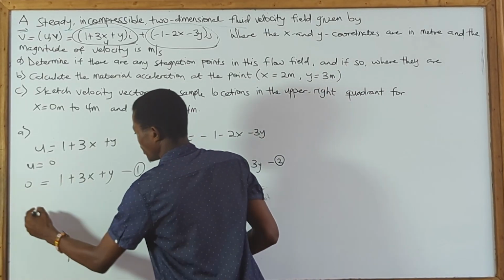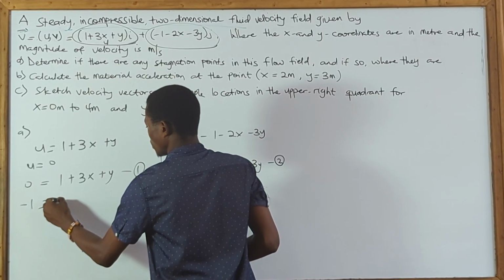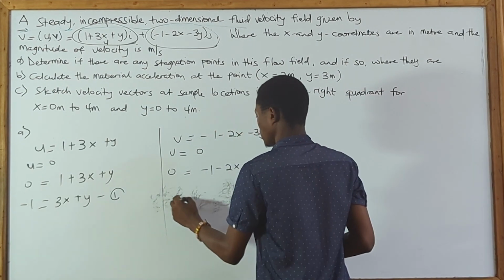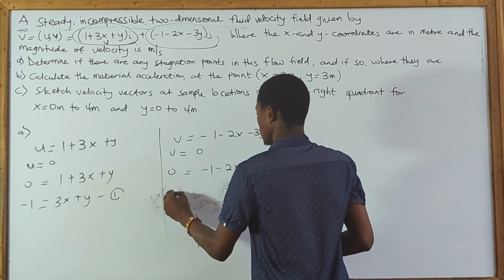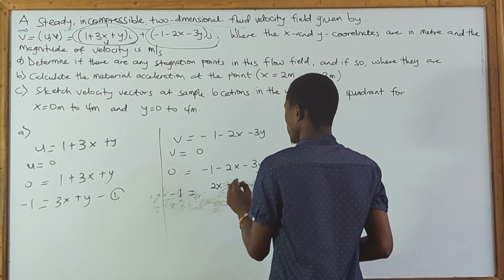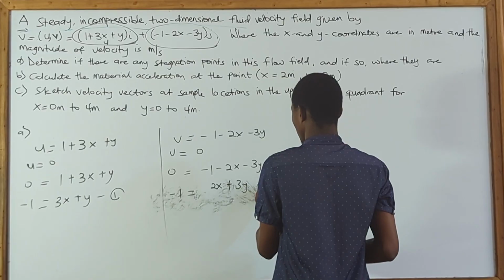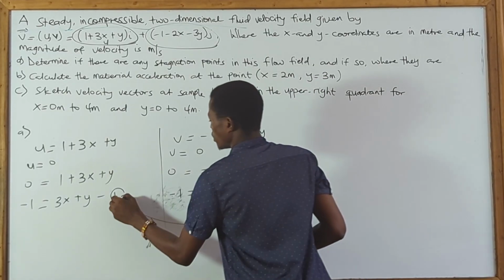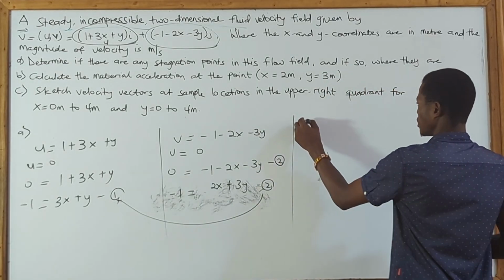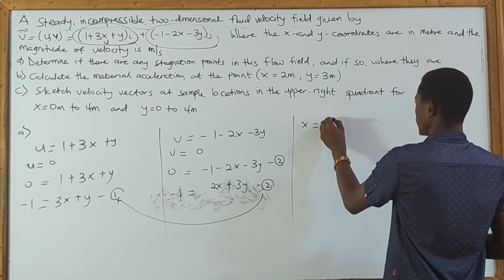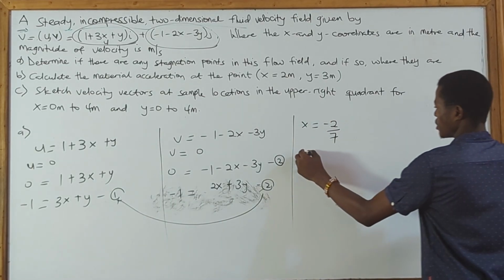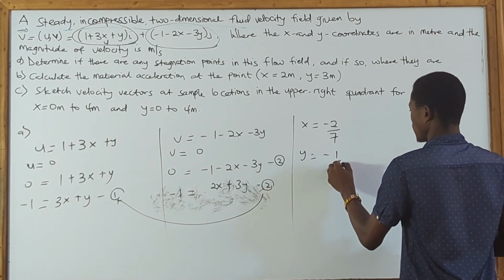We can simplify equation 1 into minus 1 equal to 3x plus y, and equation 2 into minus 1 equal to minus 2x plus 3y. We solve these two equations simultaneously and get x equal to minus 2 over 7, and y equal to minus 1 over 7.